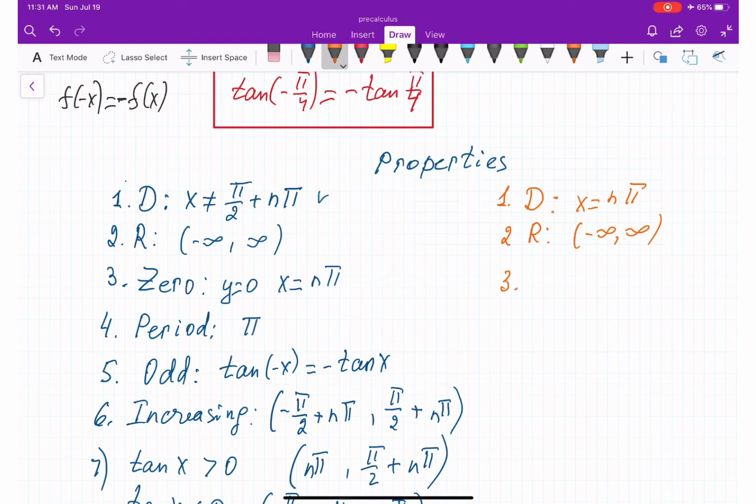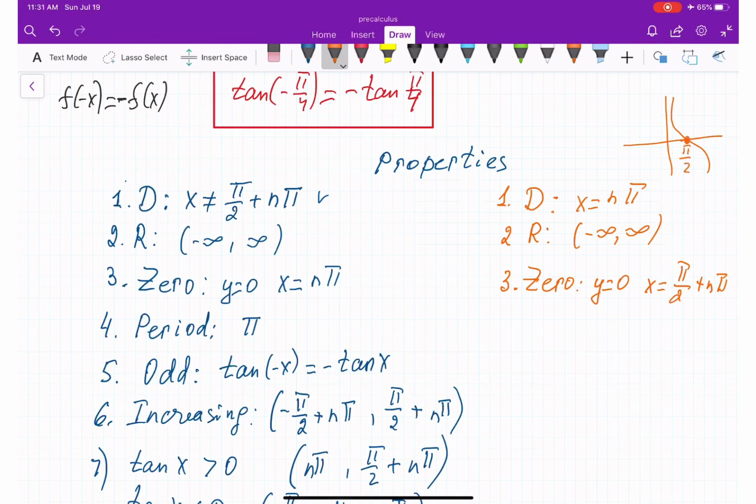Zeros. So when do we have 0? We looked into that: when y is equal to 0, when x is equal to half a pi plus n times pi. Remember? Cotangent. This is my half a pi, right?